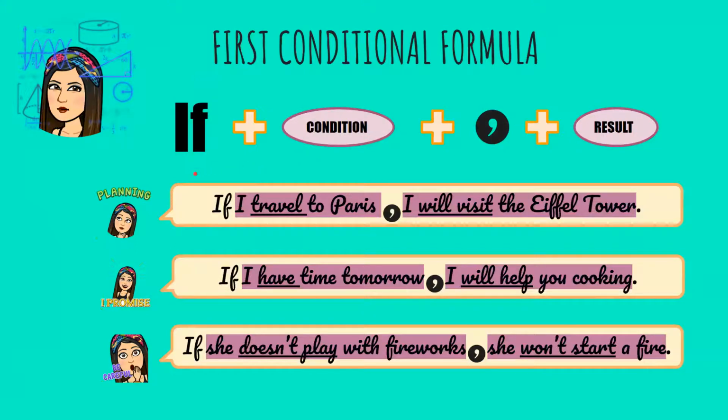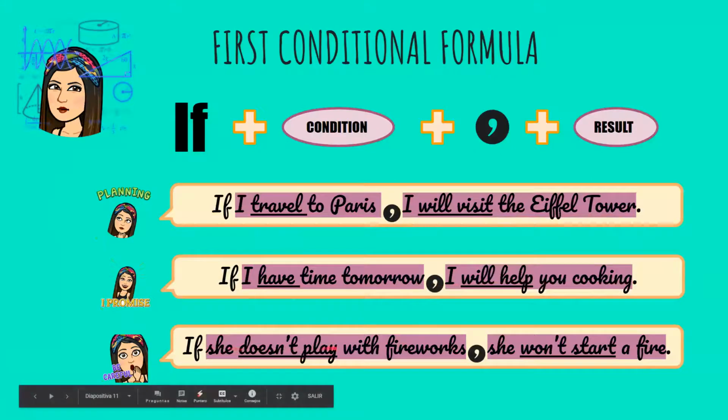For example, if, and the condition, I travel to Paris, comma, I will visit the Eiffel Tower. If, the condition, I have time tomorrow, comma, I will help you cooking, the result. And if she doesn't play with fireworks, the condition, comma, she won't start a fire, the result.